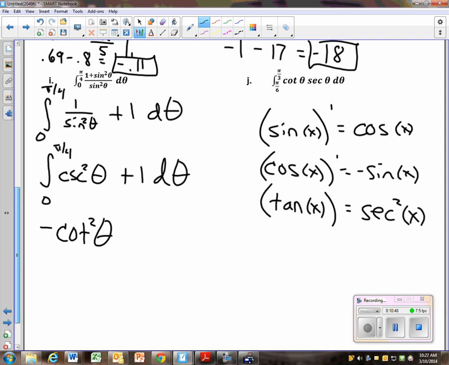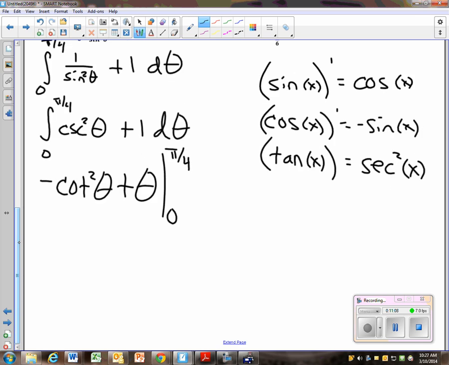Yes. 1 plus cotangent squared is cosecant squared. So, what's the antiderivative of 1? Or, in this case, theta. So now we have to plug them in.